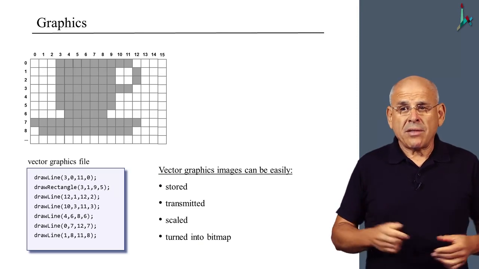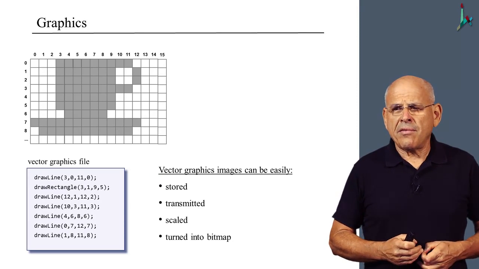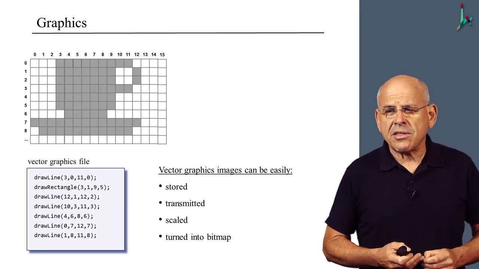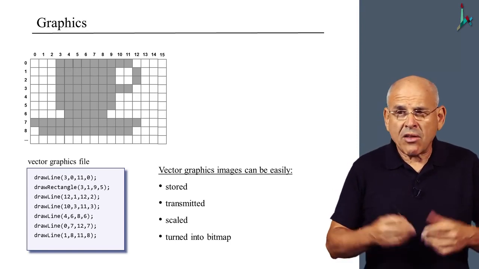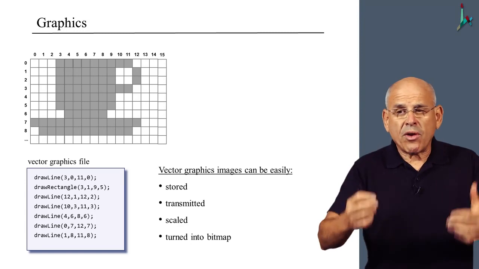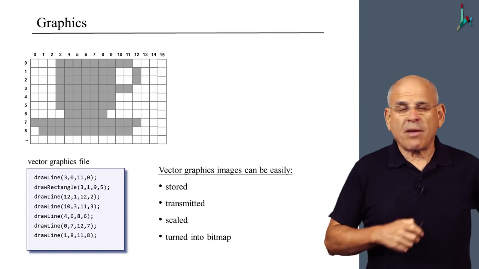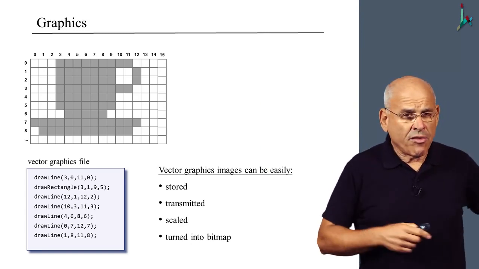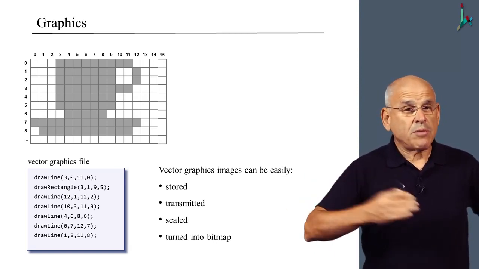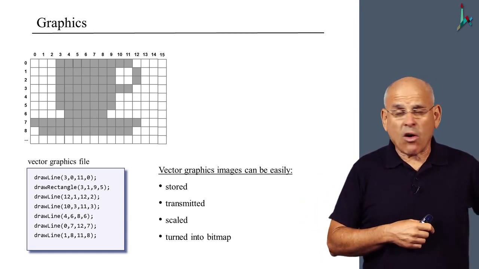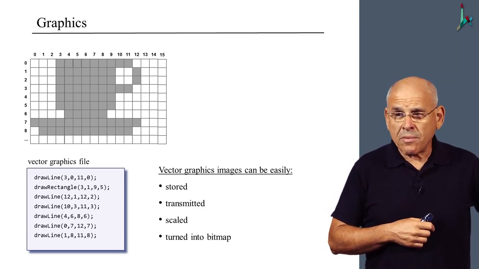So in a nutshell, the vector graphics technique has several very important advantages. First of all, it contains relatively little information because I don't have to record the pixels. I have to record instructions on how to create huge expanses of pixels. And so it doesn't take a lot of space on the disk. For the same reason, I can easily transmit vector graphics images over the internet because the files are relatively small.